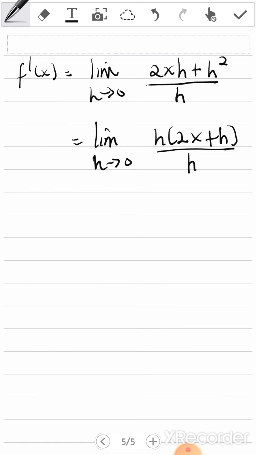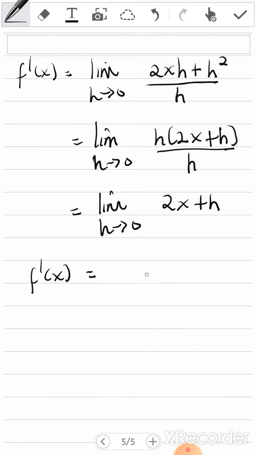After doing everything, we are going to get the limit as h approaches 0 of 2x plus h. Then whenever you see h, you put 0. So we are going to get f prime of x to be 2x plus h, which is 0, so 2x.